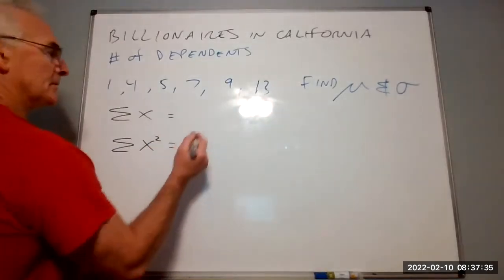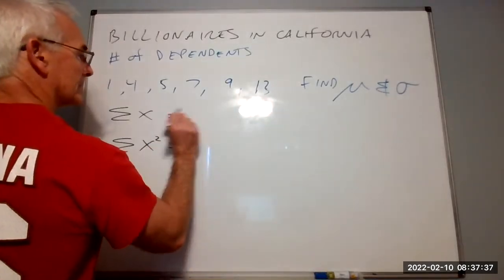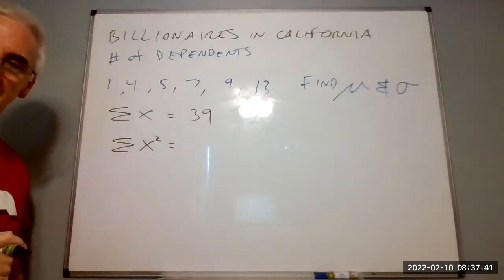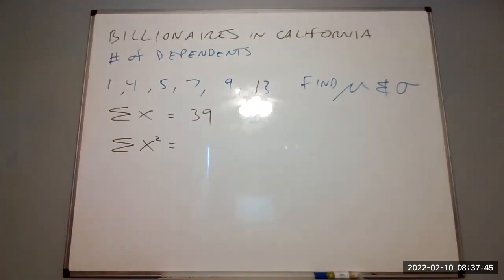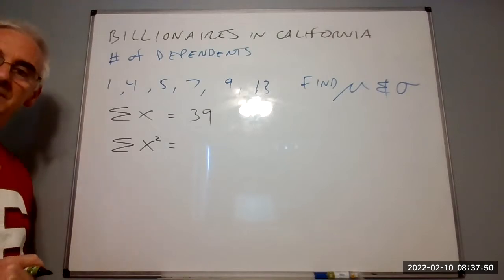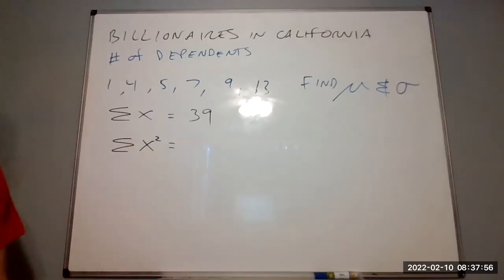It's kind of boring, but that's really what we're saying. So what is the first one, anybody? I got 39. 39, and the second one, anyone? One squared plus 4 squared plus 5 squared, and so on. Oh, I forgot about the squared. My bad. 341.